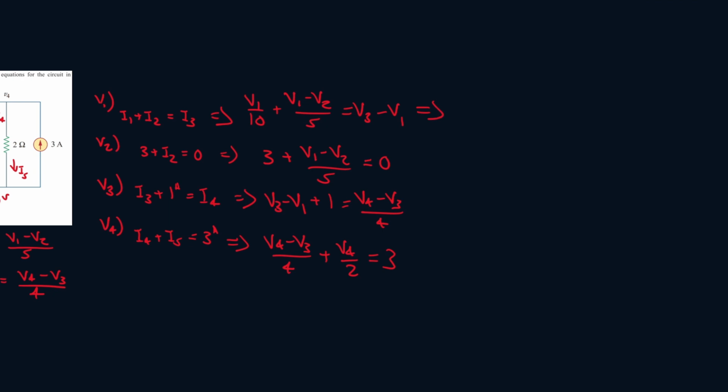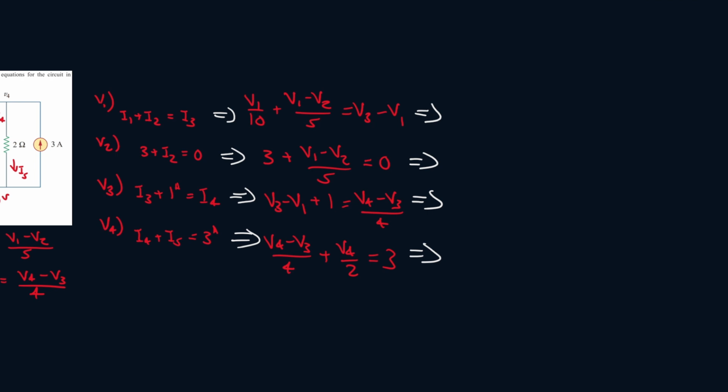Okay? Now we're going to start simplifying these a little bit more. Actually, let me change the color of these because it's starting to look a little confusing. Alright, that looks much better.